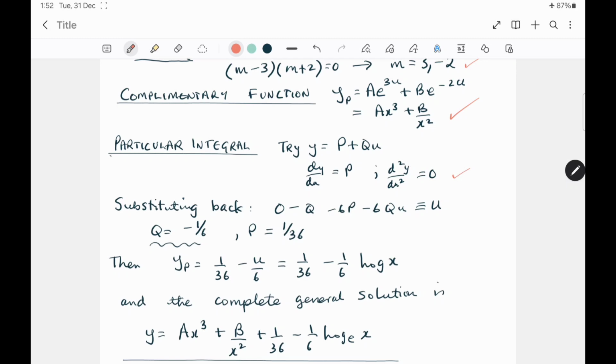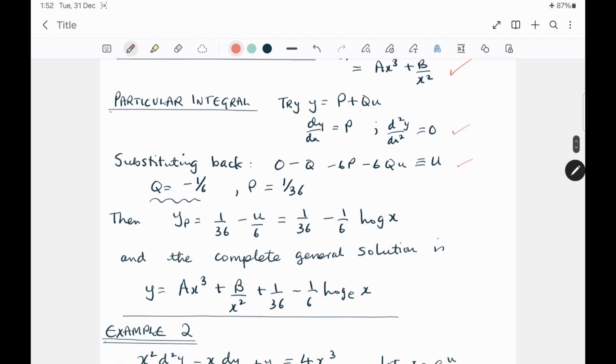And then substituting back, we'll quite easily get the expression 0 minus q minus 6p minus 6qu is identical to u, and equating coefficients of like terms, we quite easily get q equal to minus 1/6 and p equals 1/36. And so the particular integral will be 1/36 minus u/6, which, going back to the old variable, is 1/36 minus 1/6 log to base e of x.